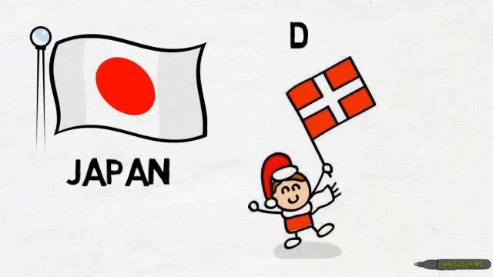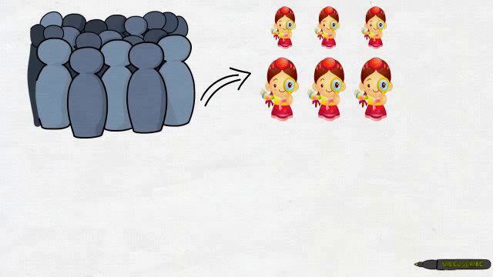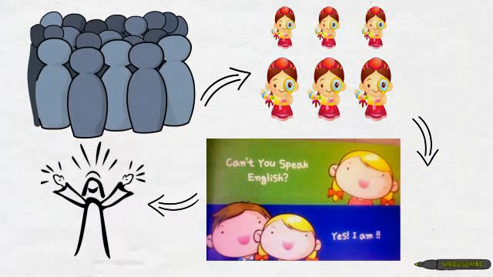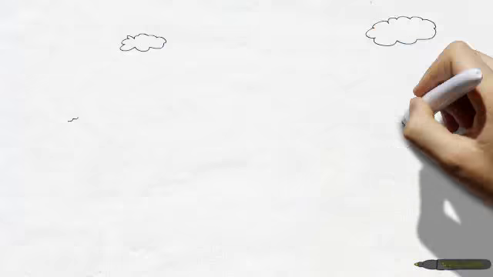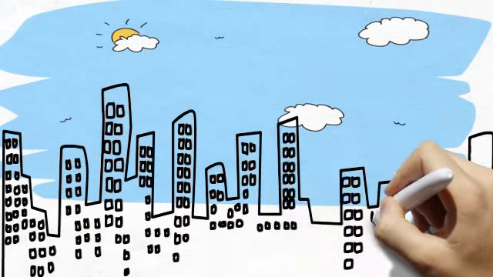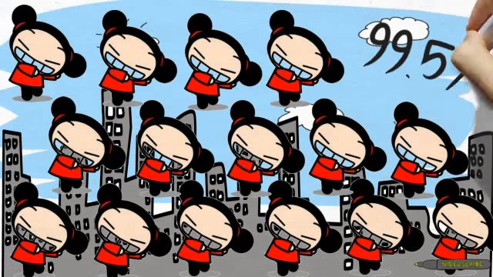There is no perfect example of a nation-state because every person in the country would have to be the same ethnicity, speak the same language, and practice the same religion. Within Japan, 99.5% of the people are ethnic Japanese.